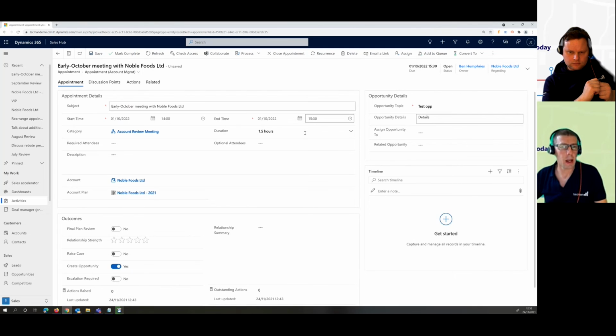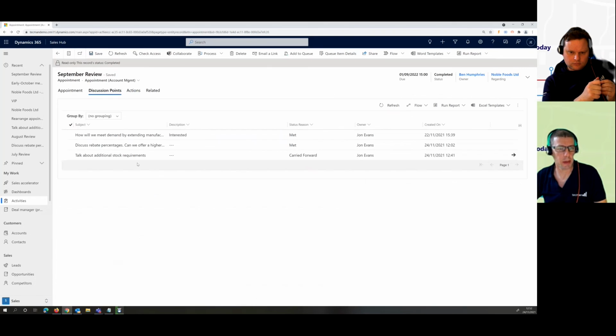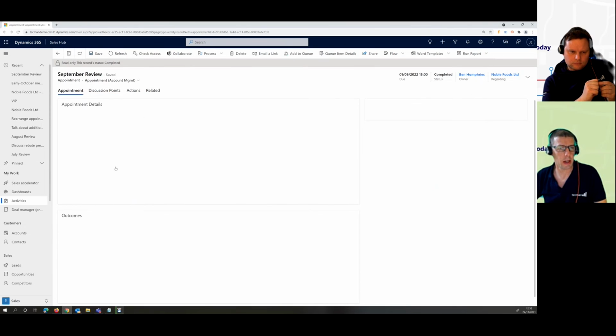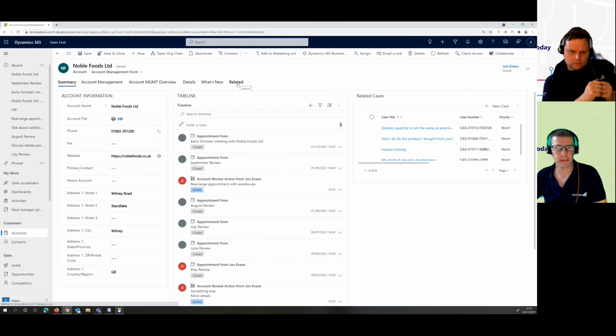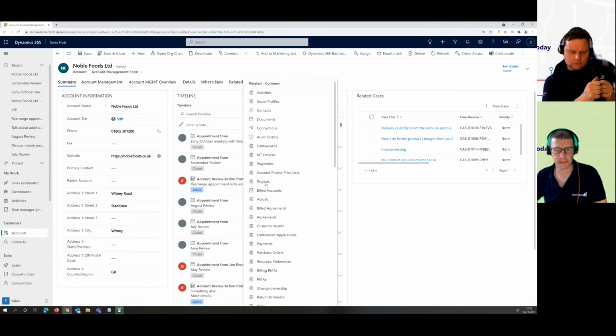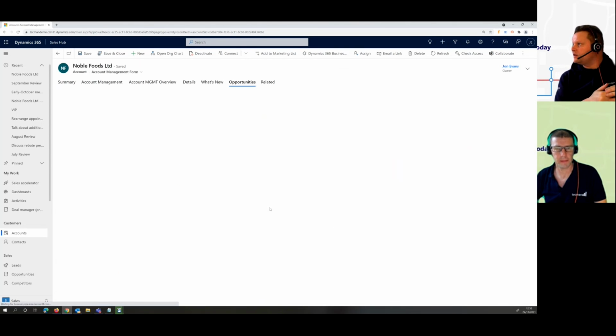So I can close that down, and if I pick something in here, test up, I can add things in here. And just by completing this, there we go. Hopefully we'll see that this has completed the meeting, and it should also have created a test opportunity against Noble Foods. That's the same for the case.